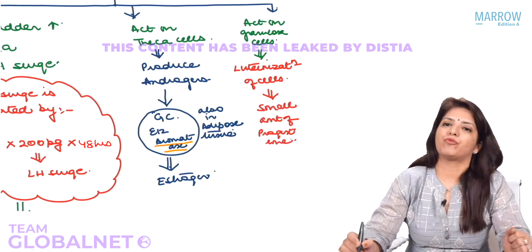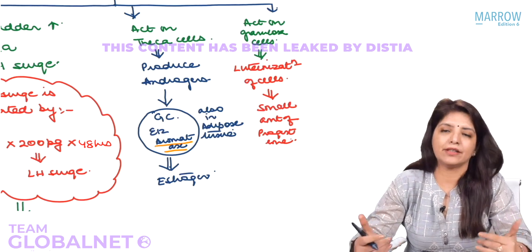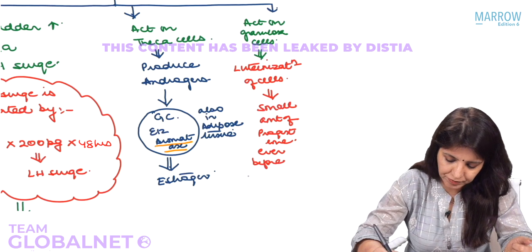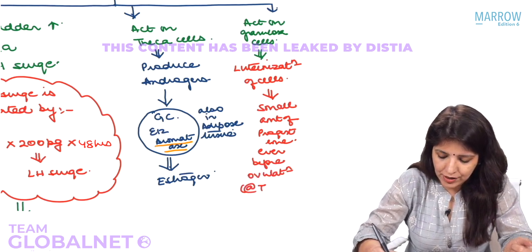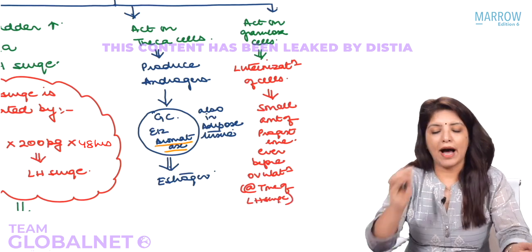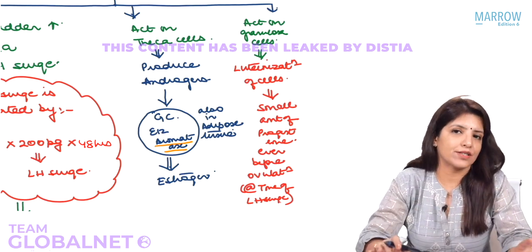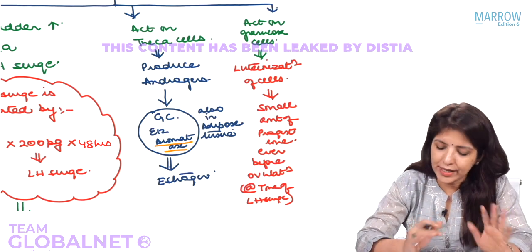Small amounts of progesterone are released by LH from the granulosa cells even before ovulation, at the time of the LH surge. So at the time of the LH surge, this LH will go into the granulosa cells and produce small amounts of progesterone, right?